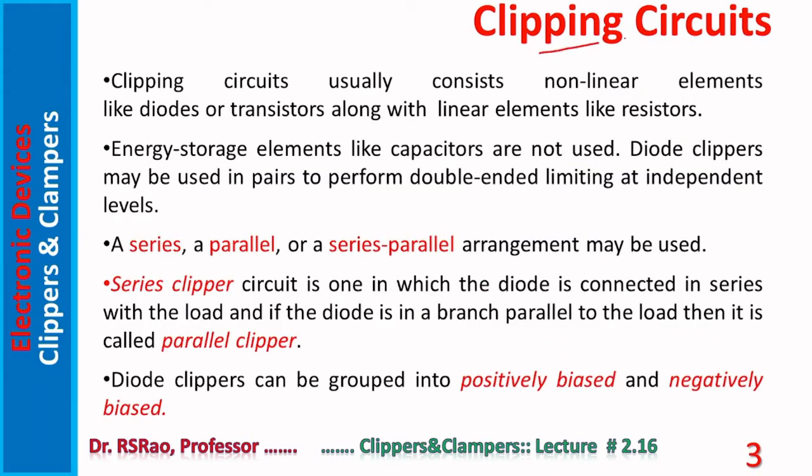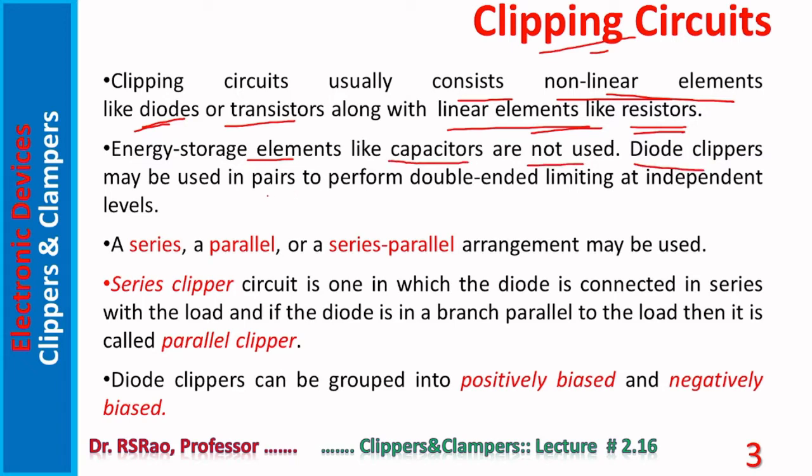Some more points regarding clipping circuits. Clipping circuits usually consist of non-linear elements like diodes, transistors, along with linear elements like resistors. The diodes are non-linear, resistors are linear. Energy storage elements like capacitors are not used in clippers.